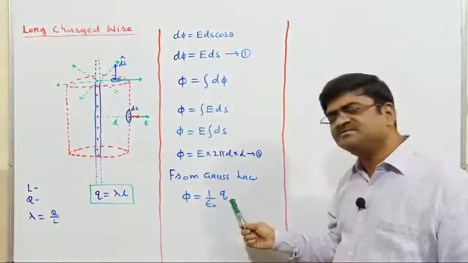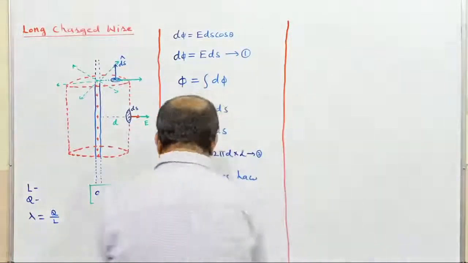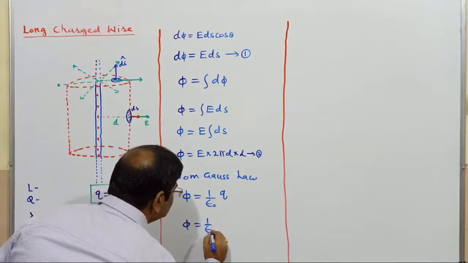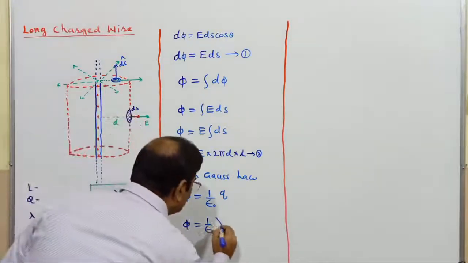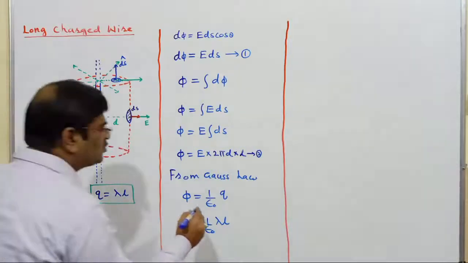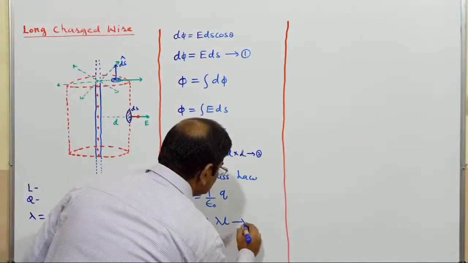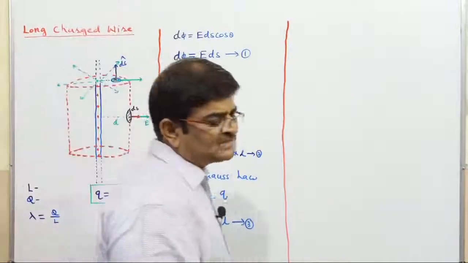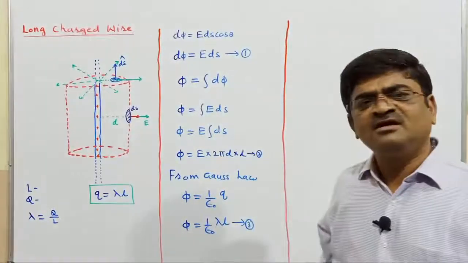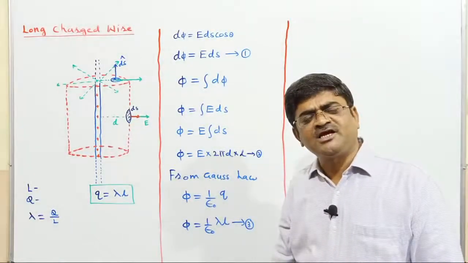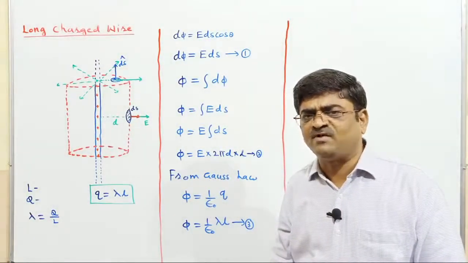Once I have that, I substitute that here. And I get flux through the Gaussian surface as 1 upon epsilon 0 times lambda into L. So this is my equation number 3. So even step number 5 I have completed, recalling the Gauss law and taking the help of Gauss law to calculate flux.